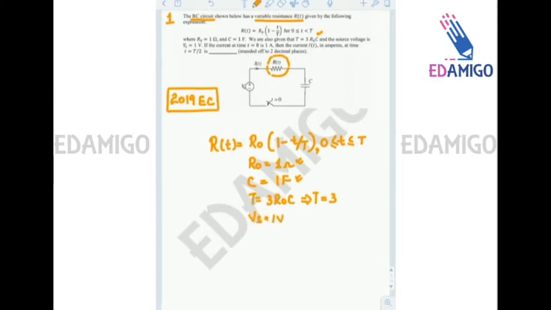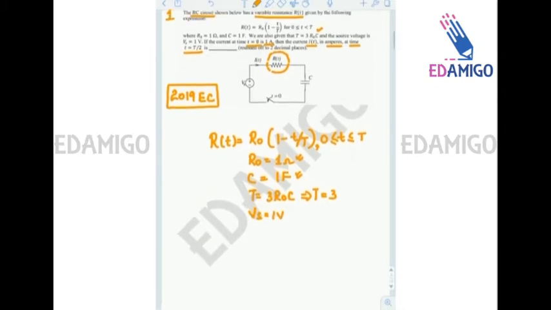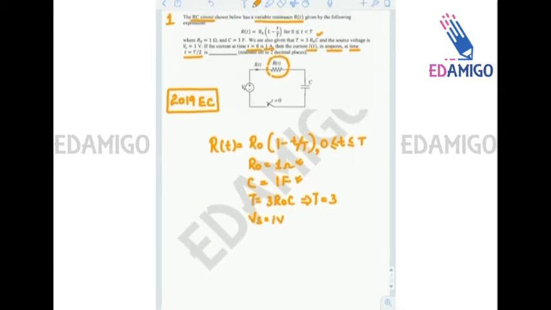Now if the current at t equals 0 is 1 ampere, then we have to find the current i(t) in amperes at time t equals capital T by 2, that is at t equals 1.5, right?